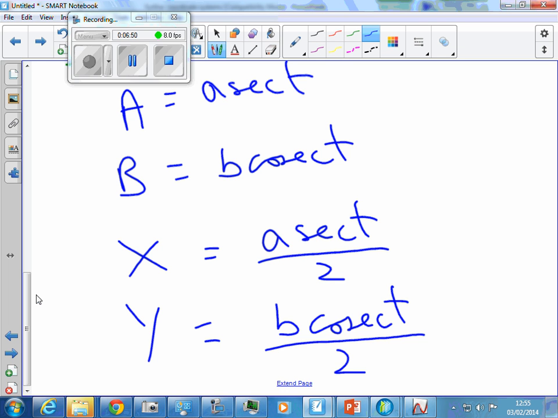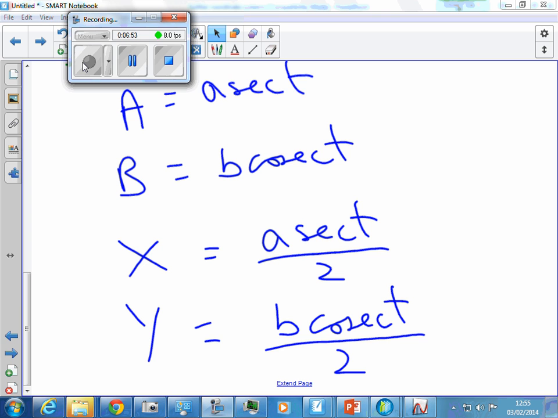Yeah? Are we all clear up to here? Okay. This is now the parametric equation of the locus of points satisfying that condition. So now I want you to have a think about what would be the Cartesian equation.